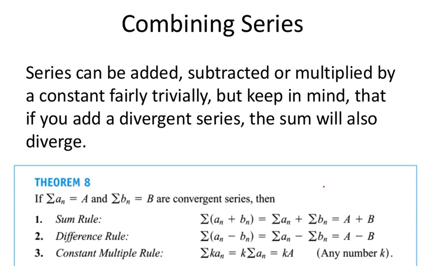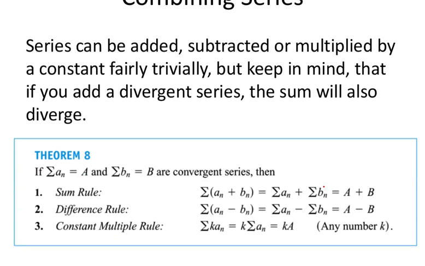Combining series, you can add or subtract or even multiply by a constant. Not a big deal, and they'll still converge or they'll still diverge. But if you add a divergent series to a convergent series, the sum of those will also diverge.